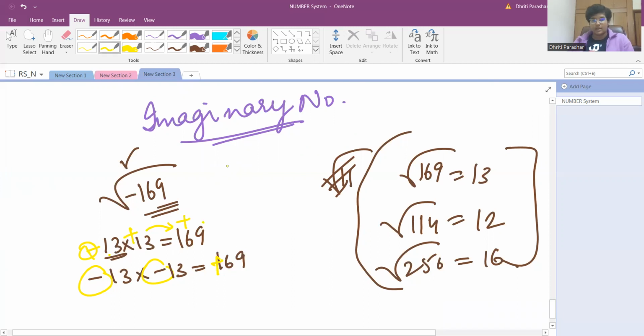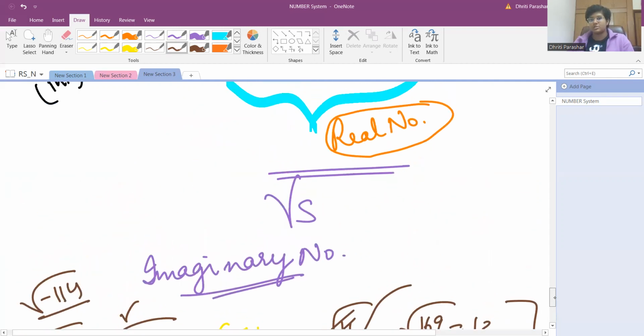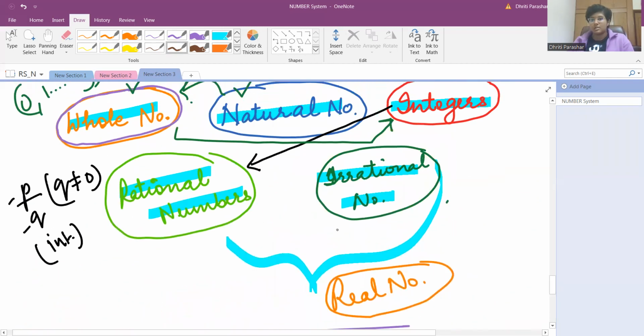There is no way that the square of some number can be minus something, right? Again, there is no way that we can end up to root minus 144, or for that matter, root minus 256. So these are imaginary numbers that don't really exist according to other sign conventions that we've already discussed.